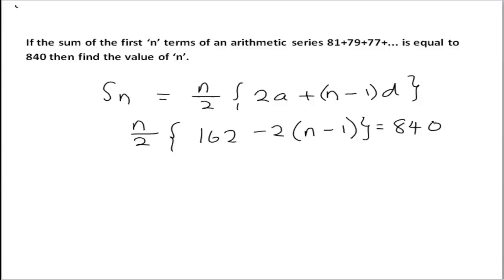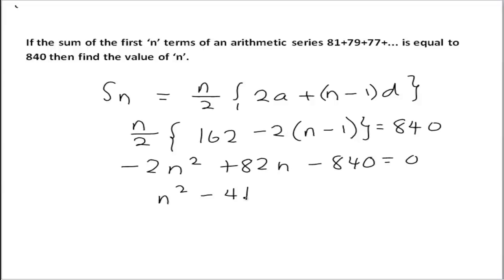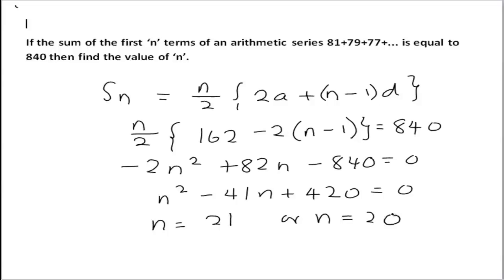Now when the equation is simplified, it becomes minus 2n squared plus 82n minus 840 equals 0, and that is n squared minus 41n plus 420 equals 0, and then we get n is equal to 21 or n is equal to 20. So both answers are acceptable.